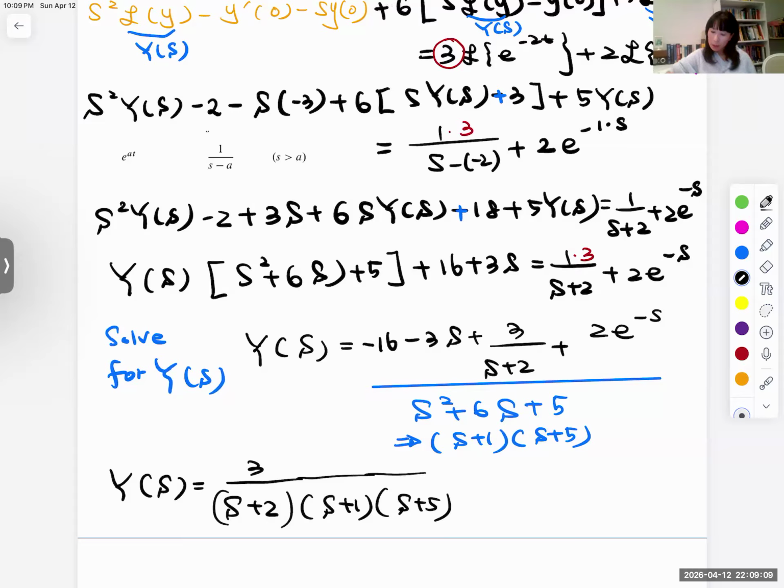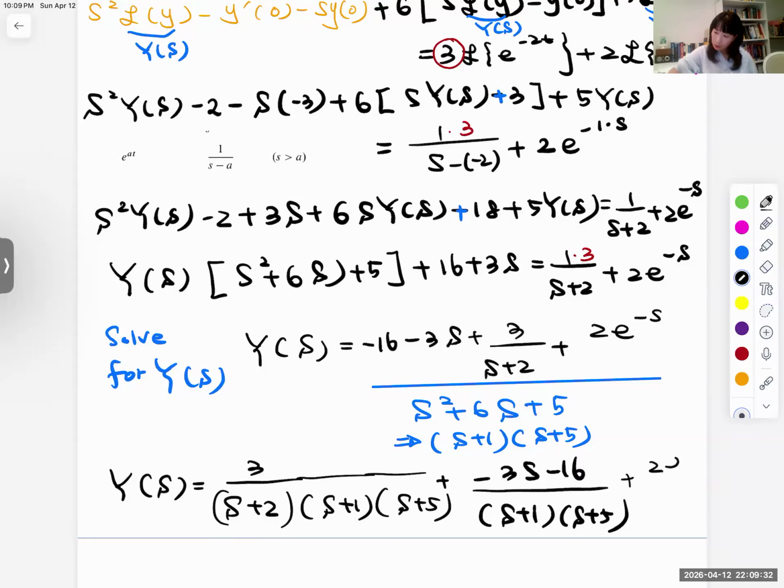And that will be negative 3s minus 16 over s plus 1, s plus 5, and then the last term 2e to the negative s over s plus 1, s plus 5.